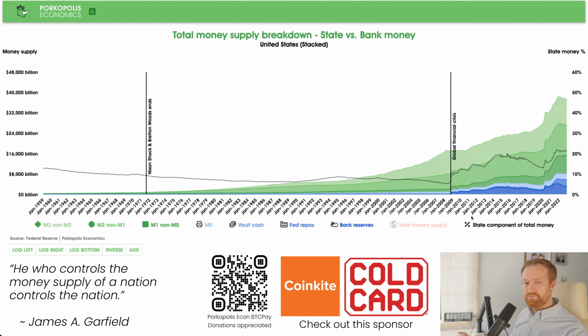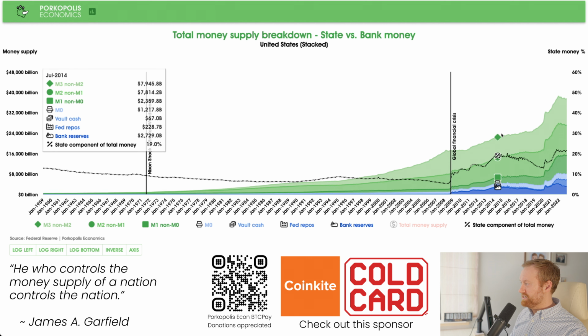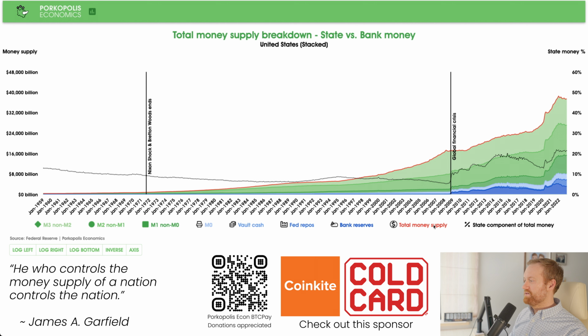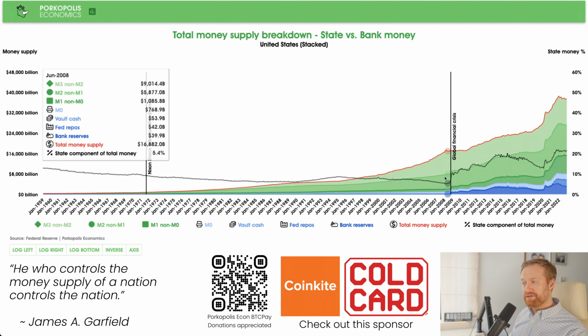This is the total money supply, just so you can see it in the tooltip. It is what you see here in green, but again, this is stacked, so you just see the components. Now I'm going to show you the total money supply in red. There we go. So, knowing the total money supply, seeing this black proportion, you'll be able to see percentage-wise how much the blue is compared to the total number.